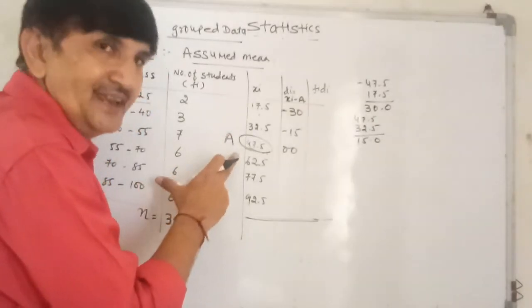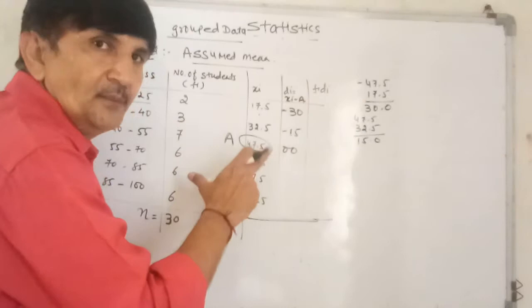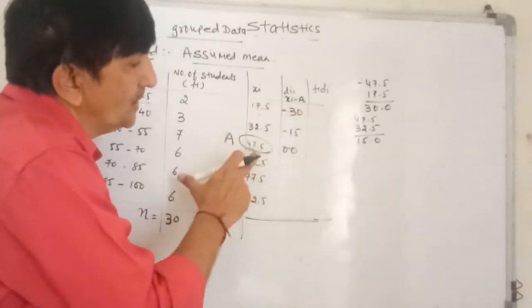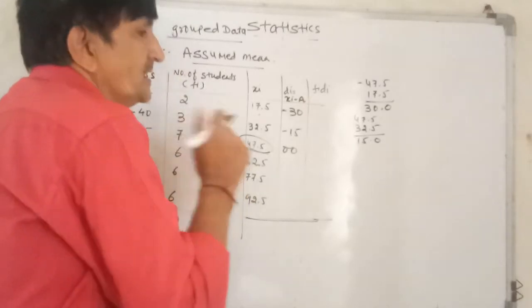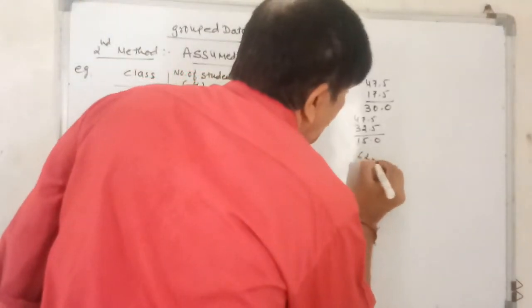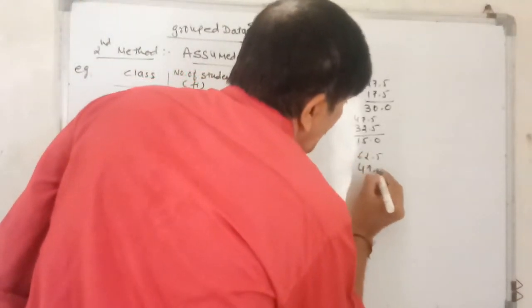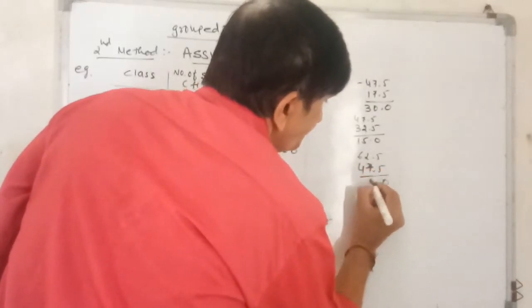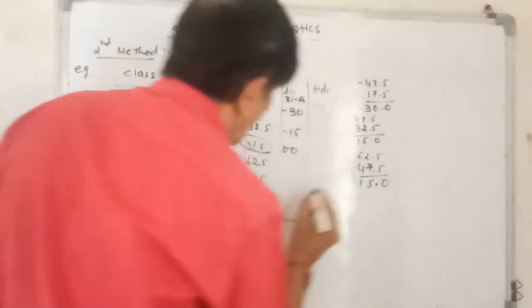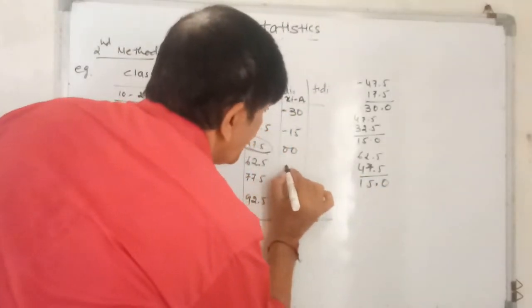So a minus a is 0, 47.5 minus 47.5 is 0. Now 62.5 minus 47.5: 5 and 1, so this is plus 15.